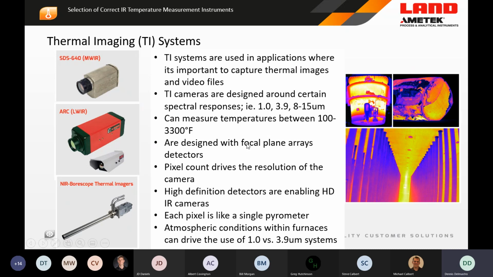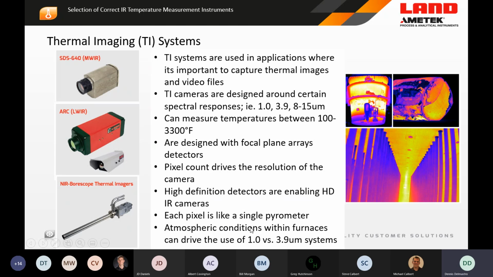These are designed with focal plane array detectors, and the pixel count drives the resolution of the camera. And as we all know with our iPhones, high definition detectors are enabling high definition IR cameras. So we now have HD cameras up to 3 megapixels of resolution. And just keep in mind, it might be 3 million pixels, but each pixel is operating like its own little single pyrometer.